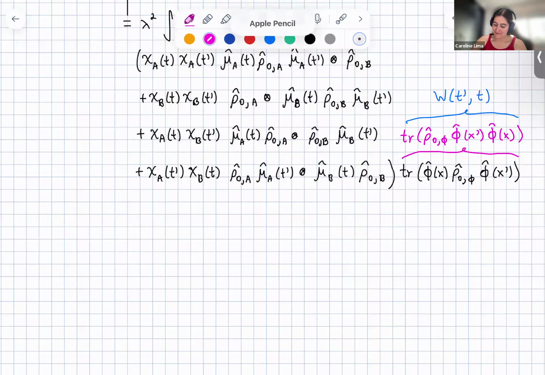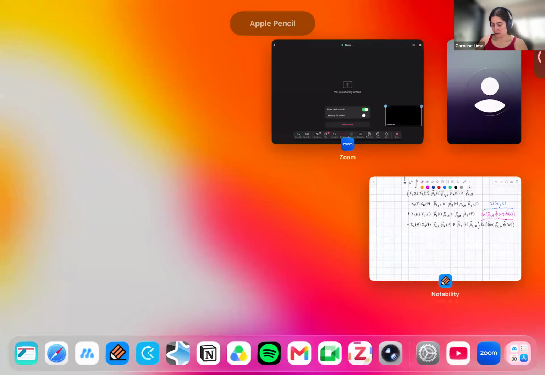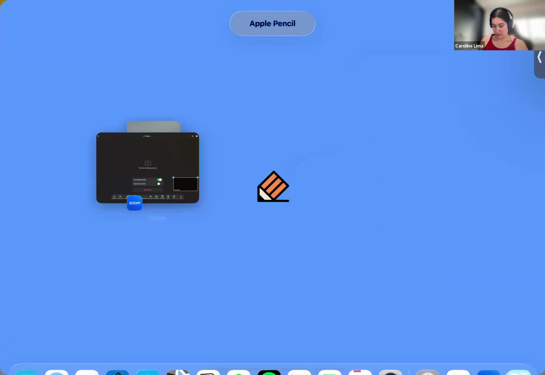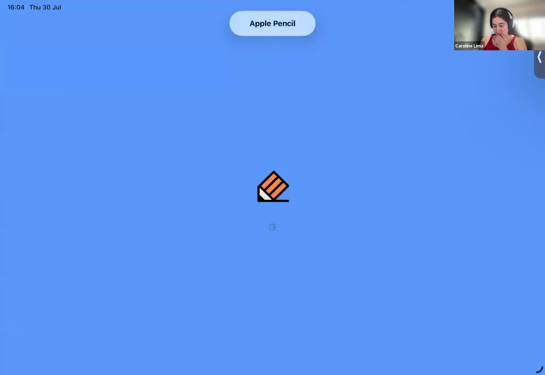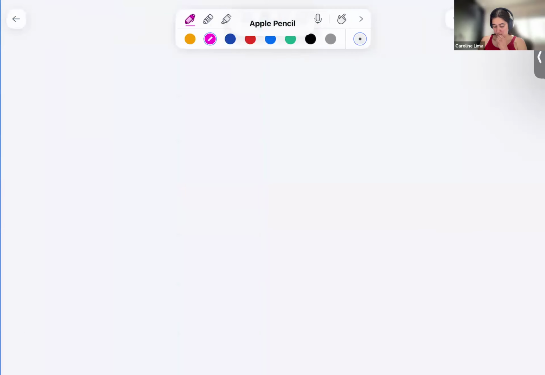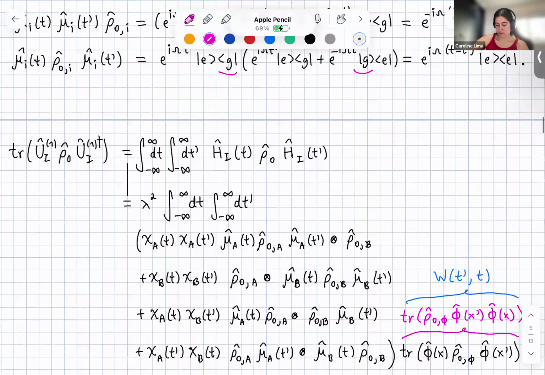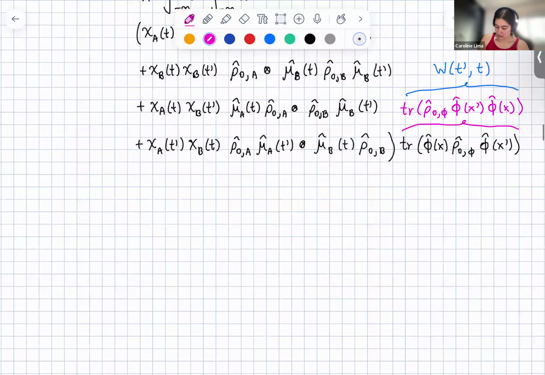Technical issues. It's weird. Oh, maybe you just close the app and then open it up again. Let's see if now works. Oh, yeah. Good.